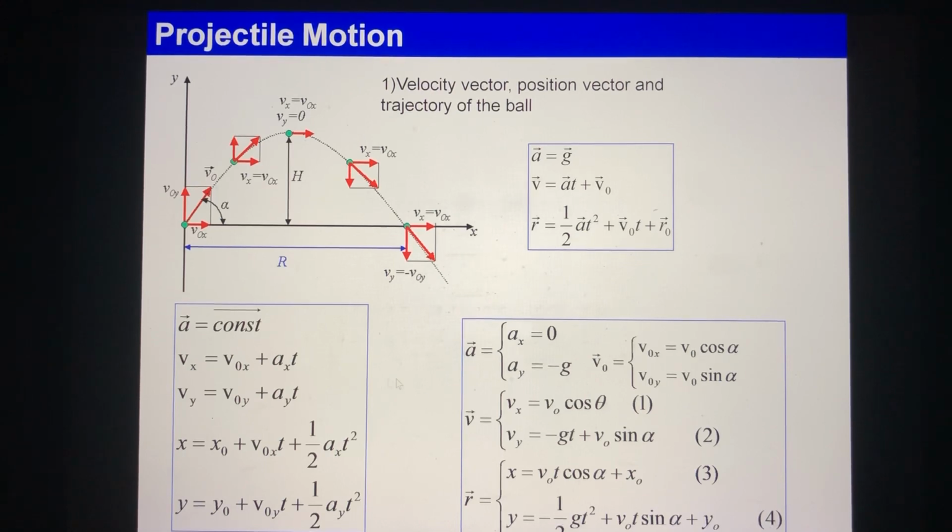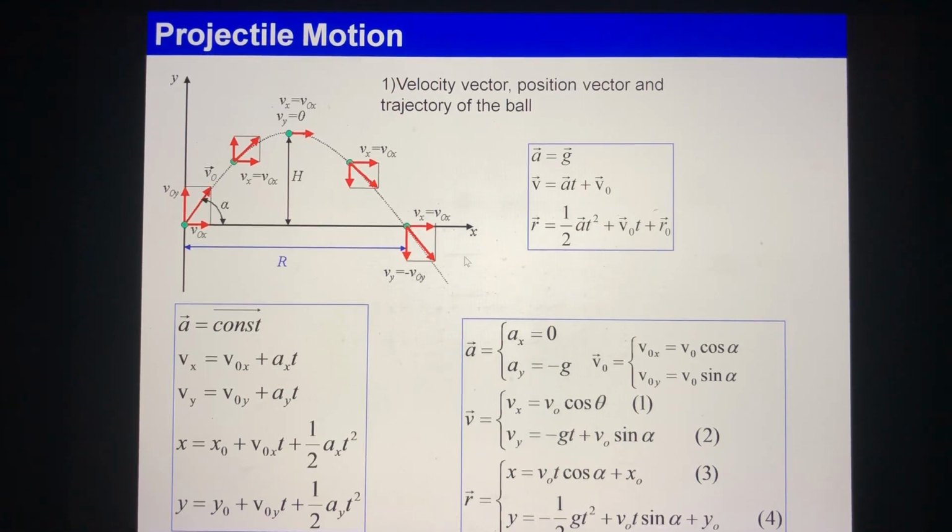We put ay and v0y into the vy component, so we have this formula. We do the same for the x and y components, so we have the position vector and the components like this. So here I answer the first question, velocity vector and position vector.